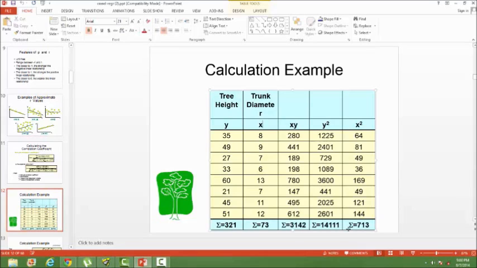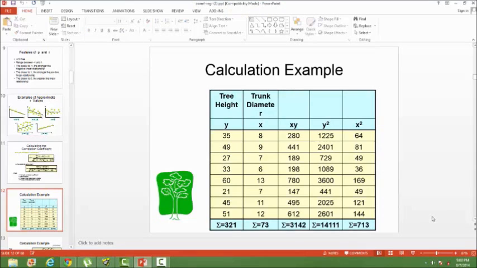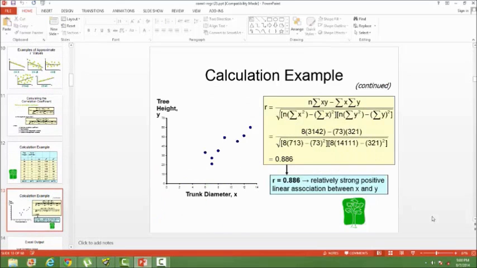Once you do that, you put these values in the formula. So that's all you need. As you can see, you need summation of xy, summation of x and summation of y separately, and then you also need summation of x square and summation of y square. Because we already calculated these values, just put them in the formula and finally you arrive at this answer.